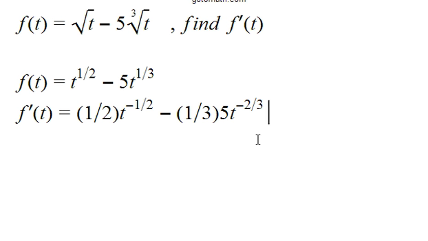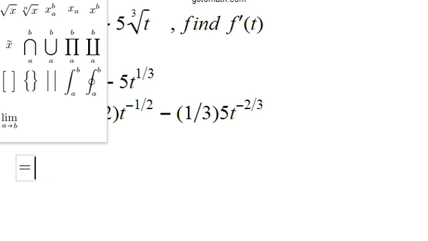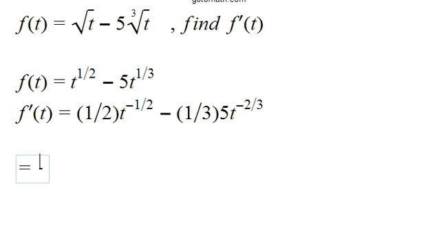Alright, so what we're going to want to do now is get this thing back into radical form. So we're going to have equals. This is where we start our equals here. And write this in fraction form, so we're going to put a 1 up in the numerator, a 2 down in the denominator. When you bring this down, it becomes a negative half.